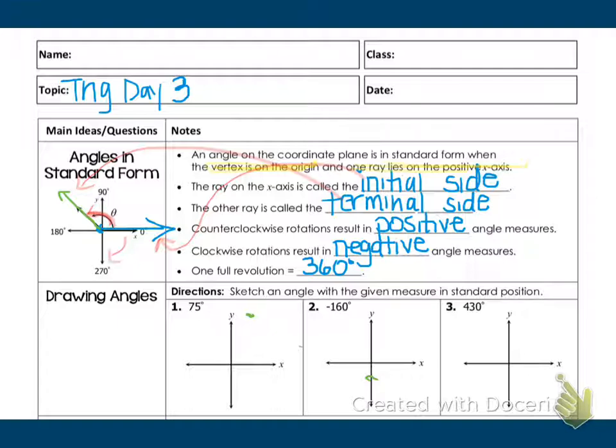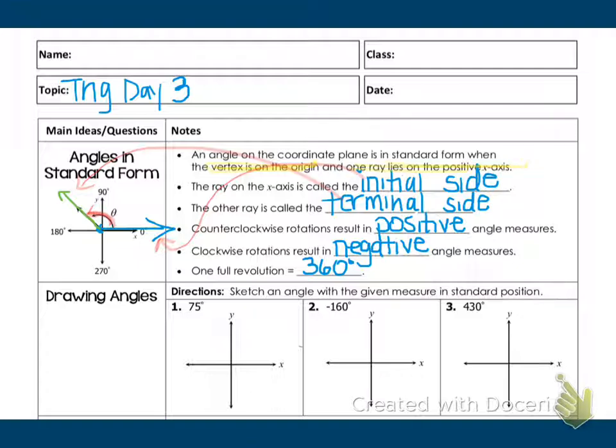So if you see a negative angle, that means you start from the x-axis and go down, in the clockwise direction. One full revolution around the coordinate plane results in 360 degrees.